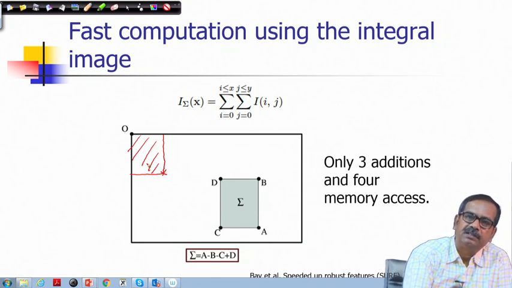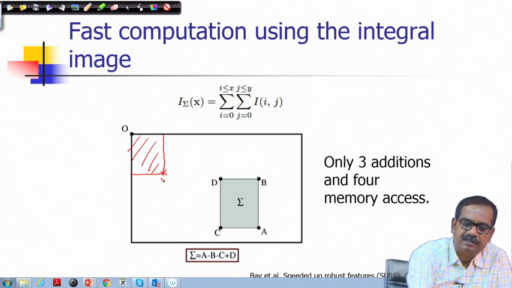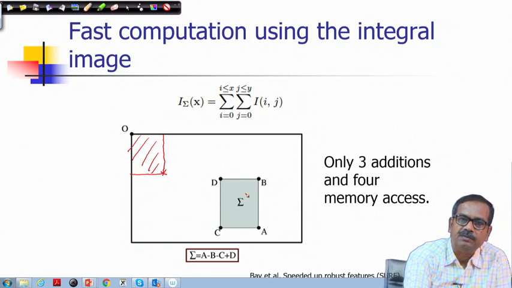Now, these computations can be efficiently performed in one scan, because this sum could be accumulated over computations of other values which have already been computed. So, in one scan we can compute an integral image. Given that integral image, I can compute the sum over any rectangular zone using these operations.